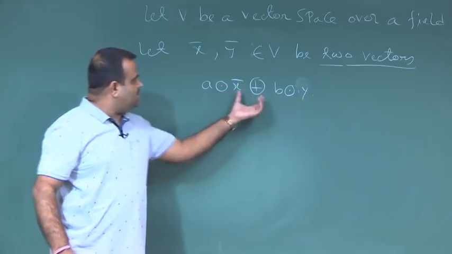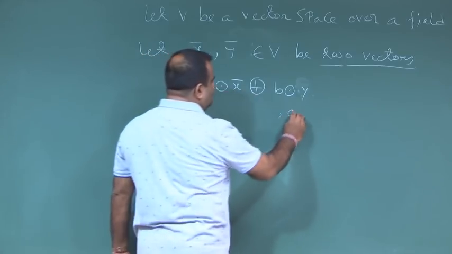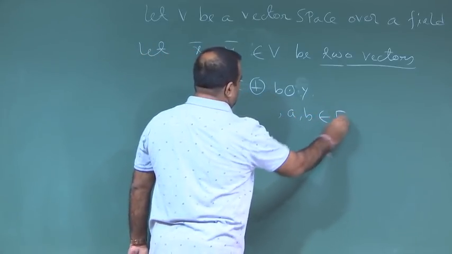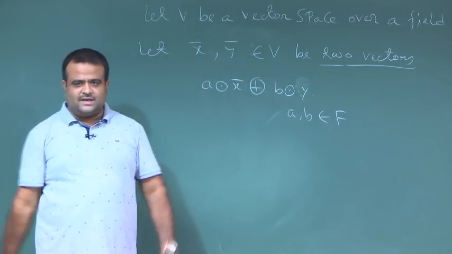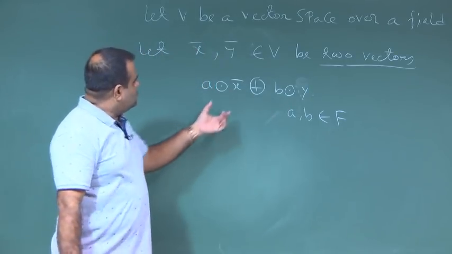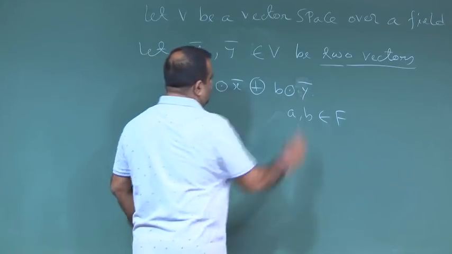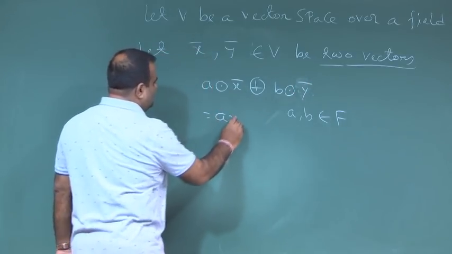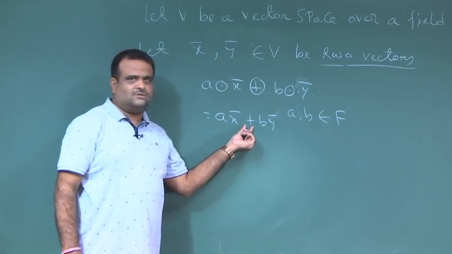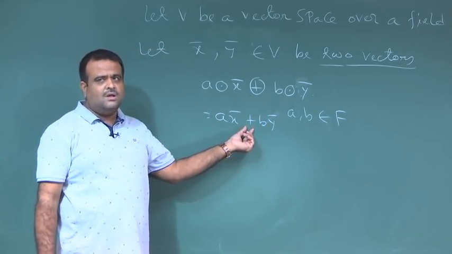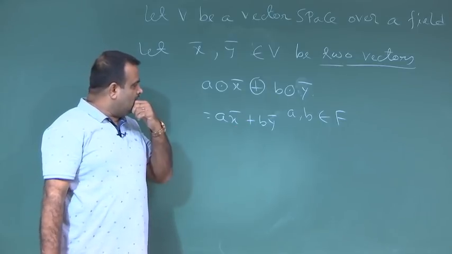This is a linear combination, where a and b are coming from the field, and if we run this for all a, b, then this will give us a set. So, this is a vector. For simplicity we just write a x plus b y, where this plus is the vector plus. So, we have to be a little careful with the symbol, but for simplicity we can use this.